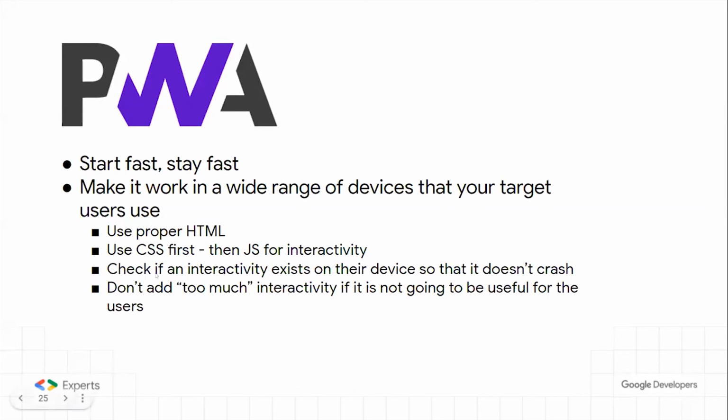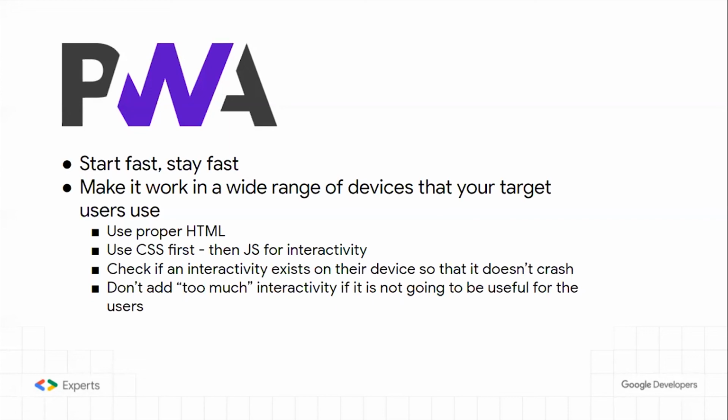You can also check if a functionality exists in JavaScript before using it so that your site doesn't crash. The thing with JavaScript is it crashes silently, and people don't really know that it already crashed.